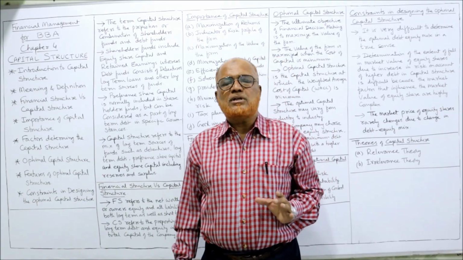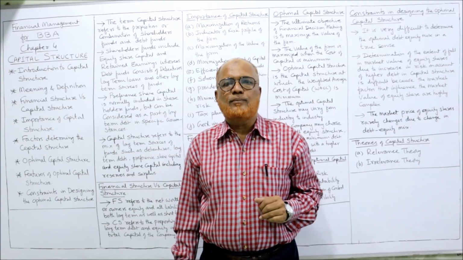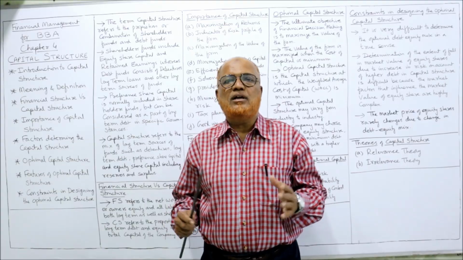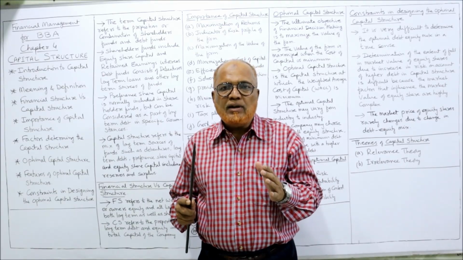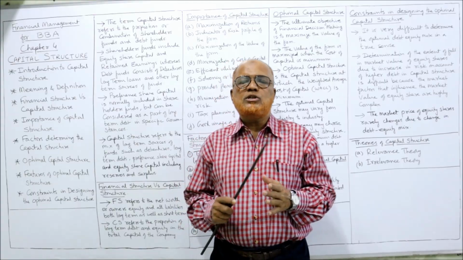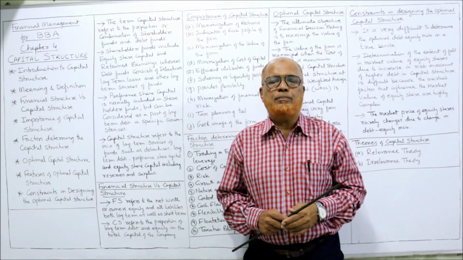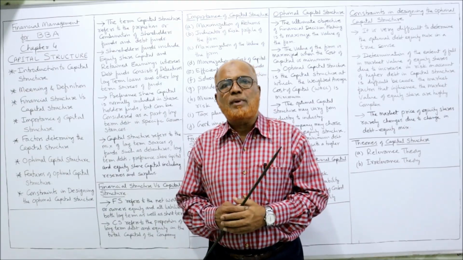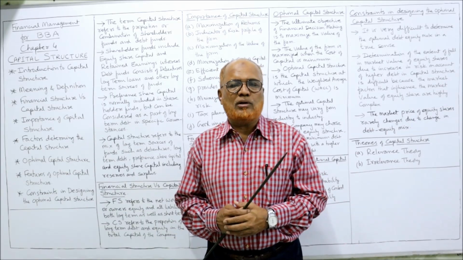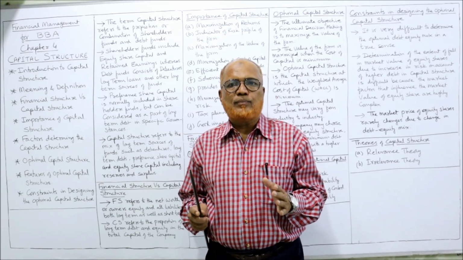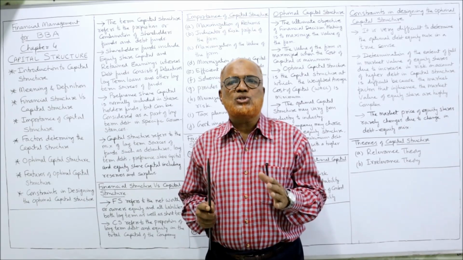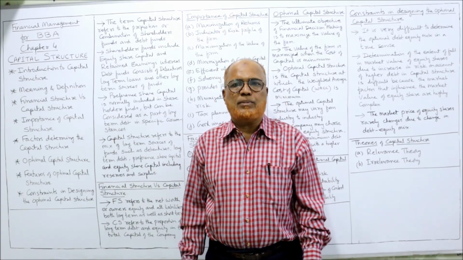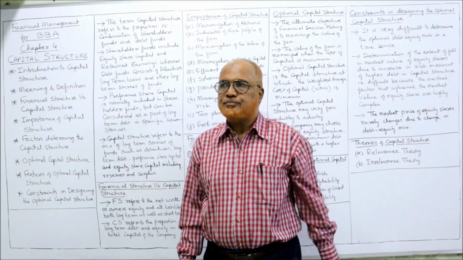A proper capital structure is required to increase the profitability and also to survive in the long run. The proper or optimum capital structure will help in attaining the objectives of the business. The objective is to maximize the wealth of the shareholders. That's why it is a very significant decision for the management to make proper working capital and proper capital structure.